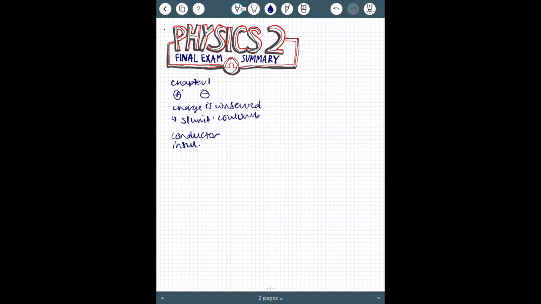An insulator, which is really difficult for charge to move, and a semiconductor. So these are the three different types of materials that are important here. I think that's pretty much it for the subsection.